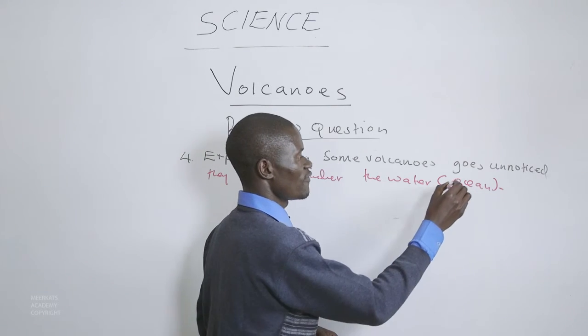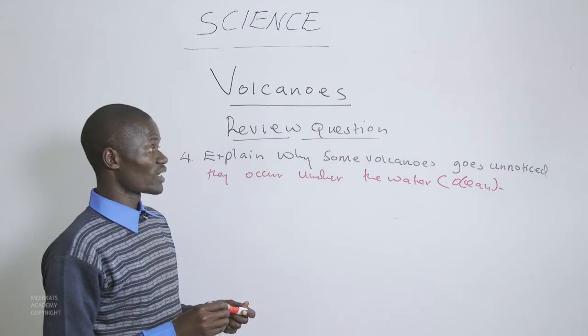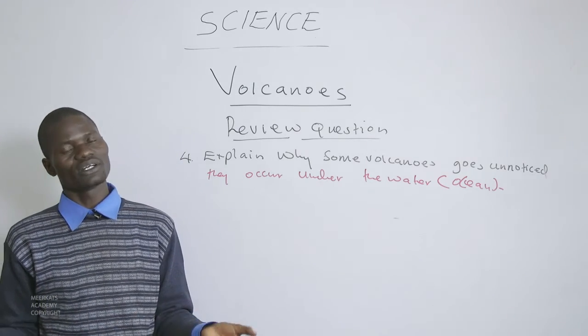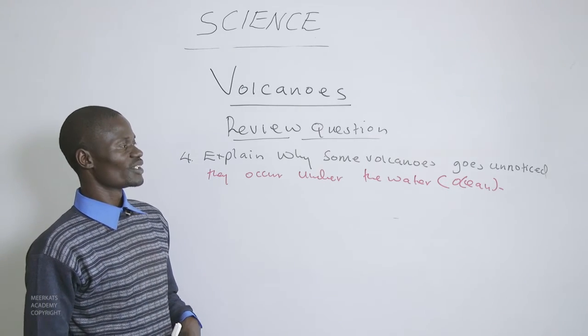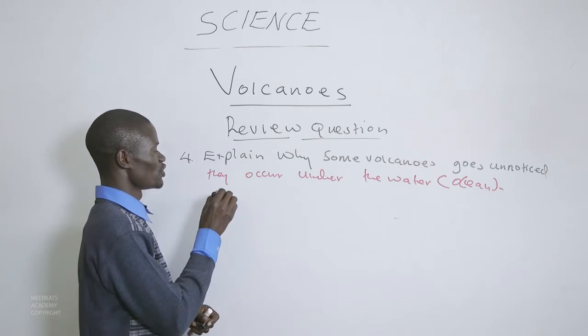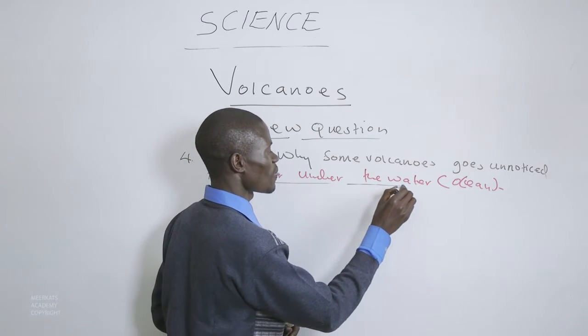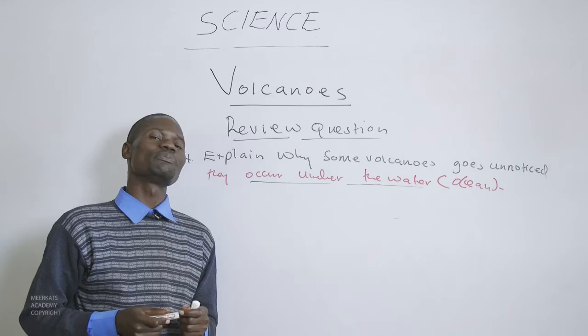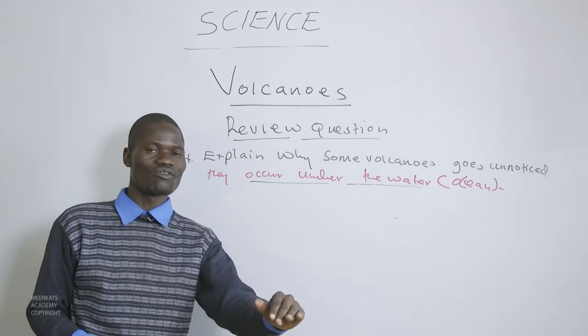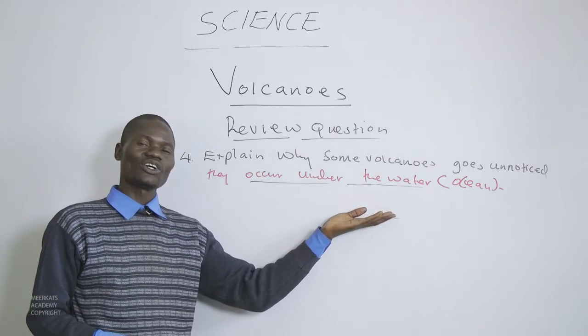When we have a volcanic eruption in the ocean, we may not be able to notice it because we do not have sophisticated equipment that is able to detect the movement or the flow of lava in the ocean.